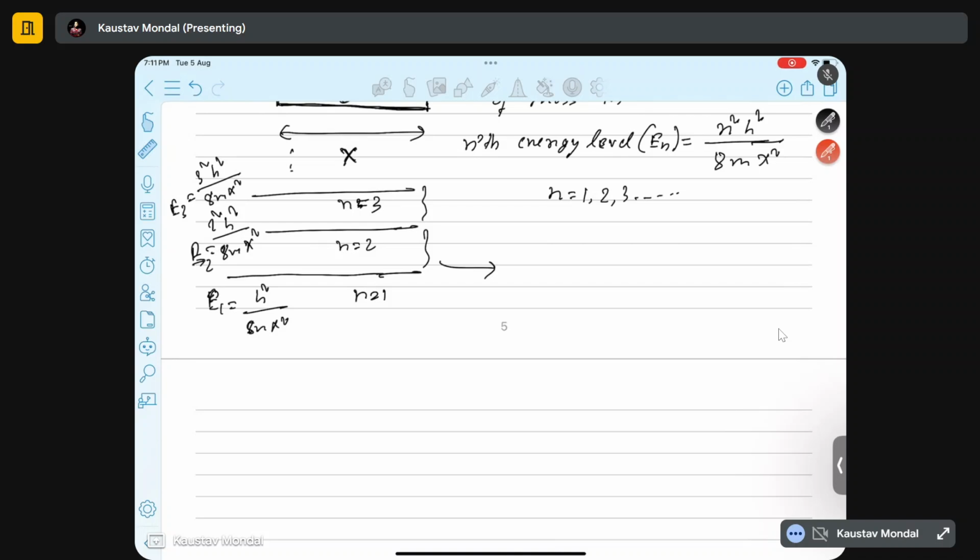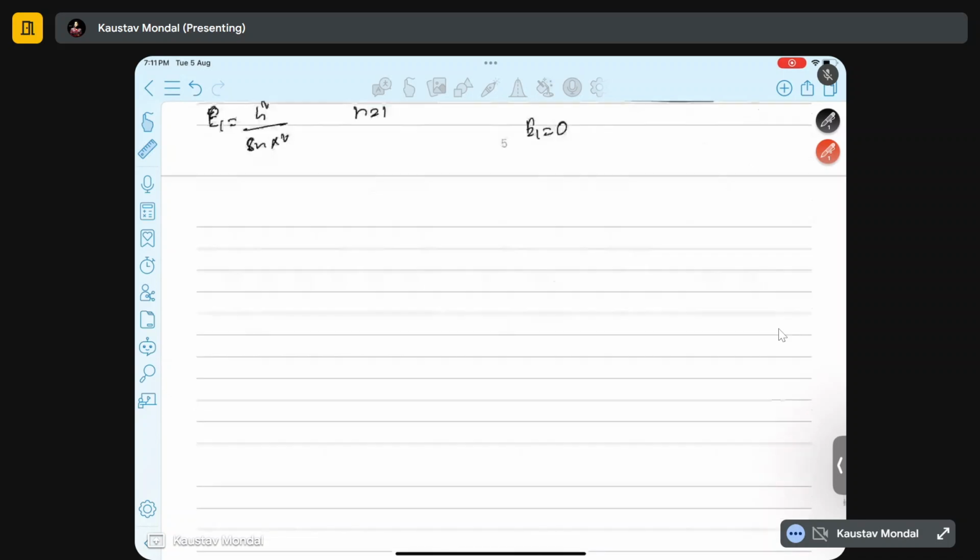That is only possible if we subtract the ground state energy from each energy state, right? So in the rescaled format, E1 would be 0, E2 would be 2 square h square over 8 m x square minus h square over 8 m x square. Similarly E3 like this.